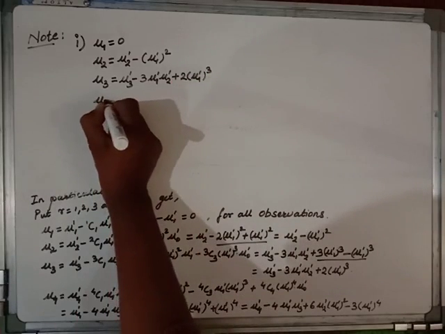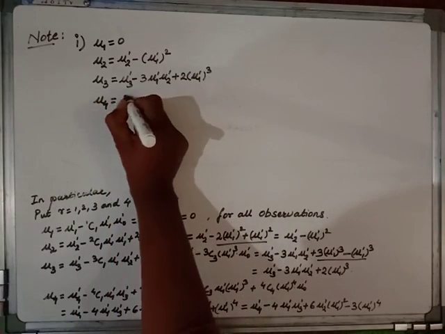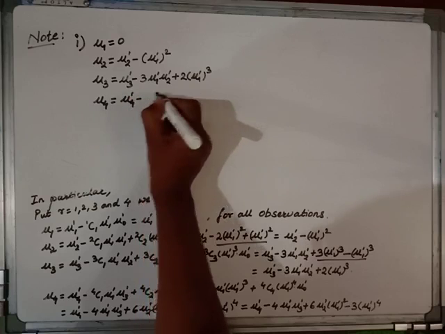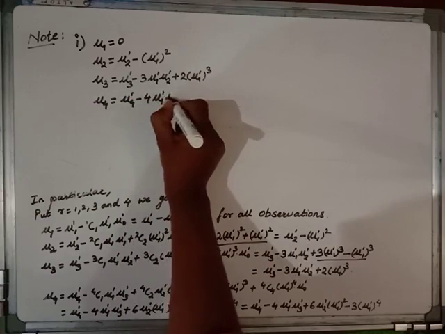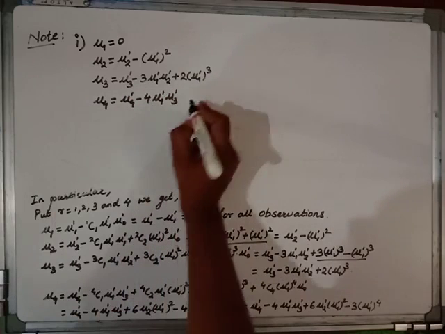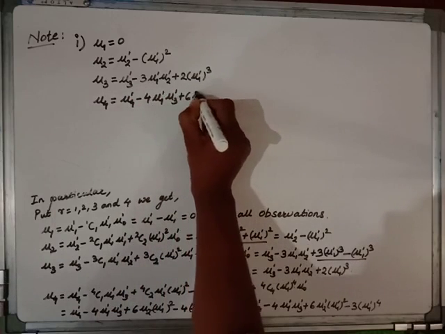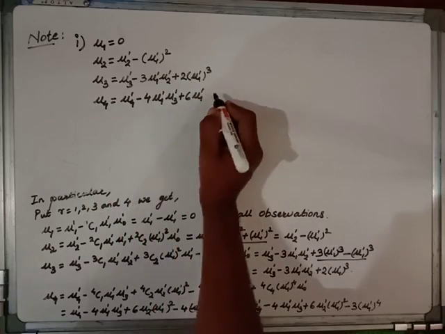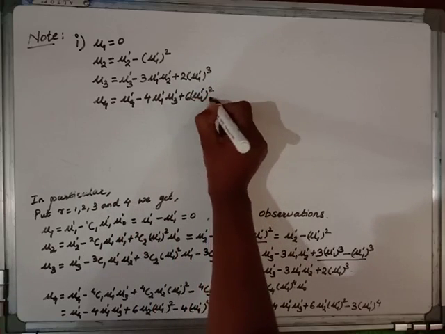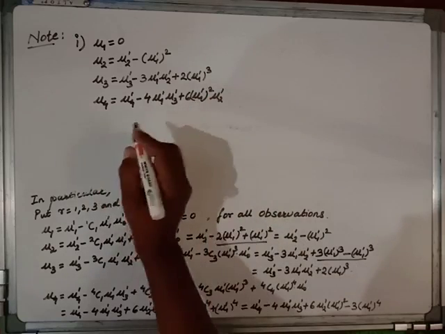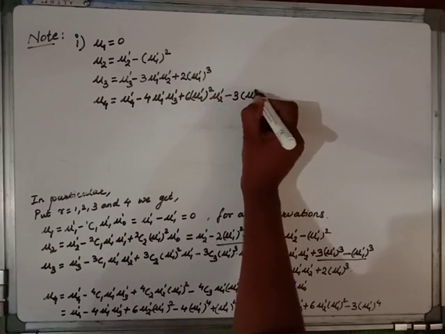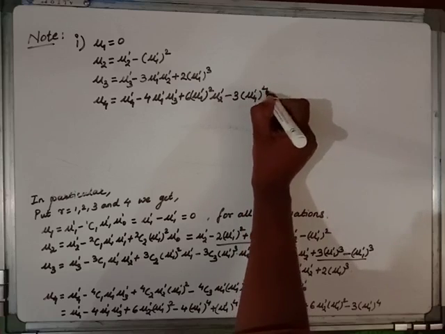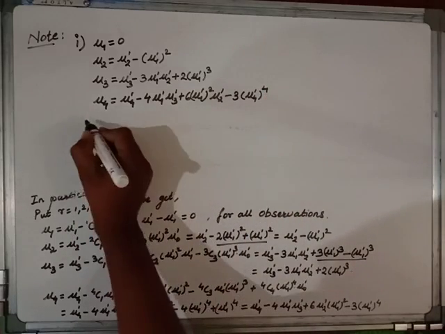Next, mu4. What is mu4? It is mu4 dash minus 4 mu1 dash mu3 dash plus 6 mu1 dash square into mu2 dash minus 3 mu1 dash raised to 4. These ones you have to remember.